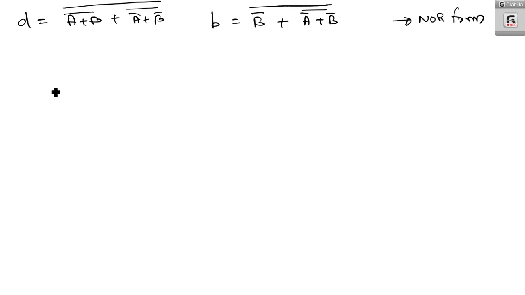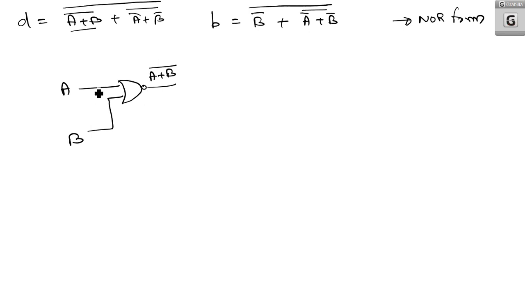Therefore we can realize the circuit with inputs A, B. First one is A NOR B, that is A or B, the whole bar. Next one is A bar or B bar, the whole bar.